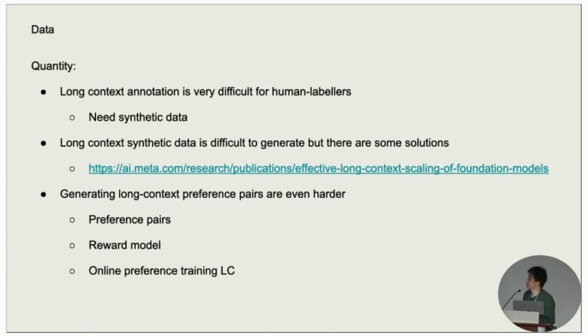And there are also some questions of generating long context preference pairs, in the reinforcement learning domain. It's really difficult for the model to synthetically generate preference pairs, and also to train a reward model based on the synthetic long context preference pairs. And also online preference training, like RLHF with long context, is also a hard problem.